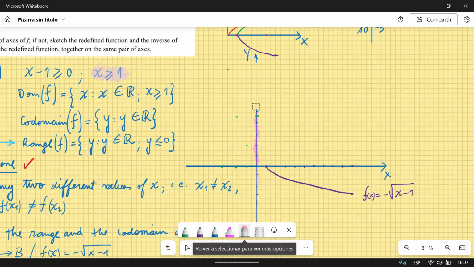That is wrong. Okay, here is 10. Well, now I will join smoothly the inverse.